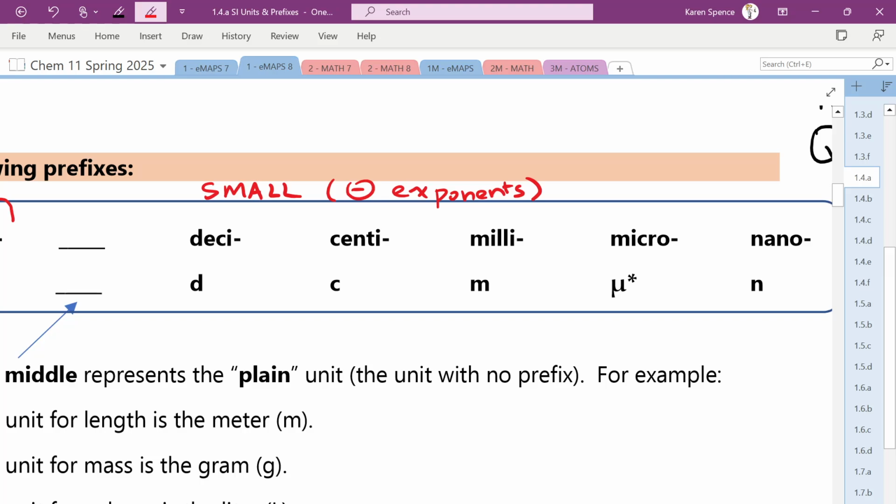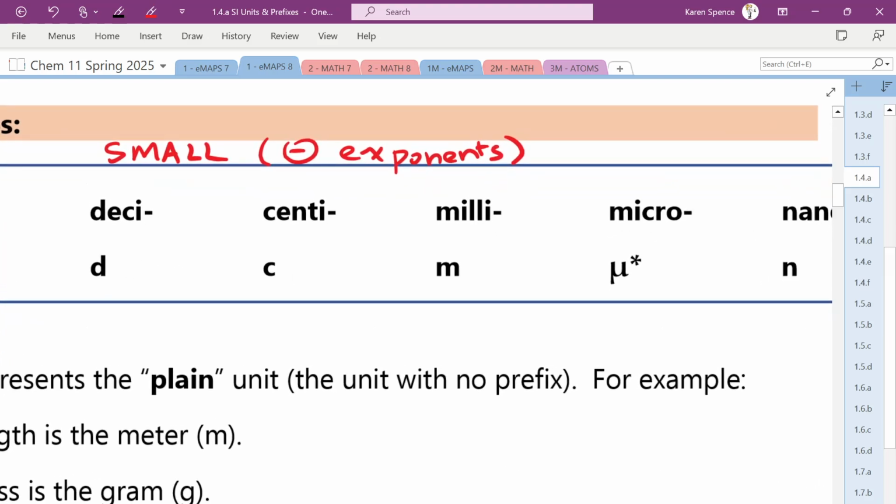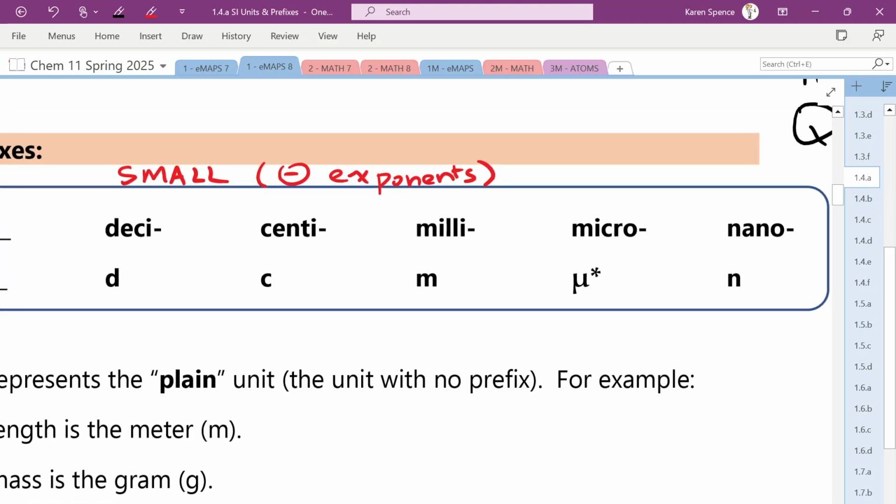They are deci, centi, milli, micro, and nano. And our powers of 10 are 10 to the negative 1, 10 to the negative 2, and 10 to the negative 3. That's pretty easy. Negative 1, negative 2, negative 3.